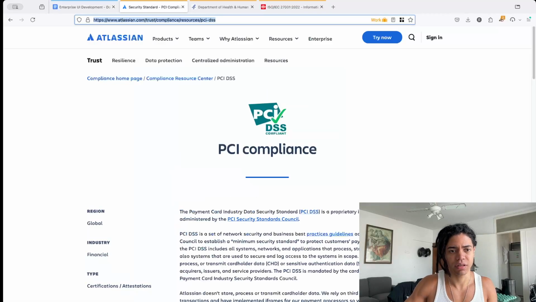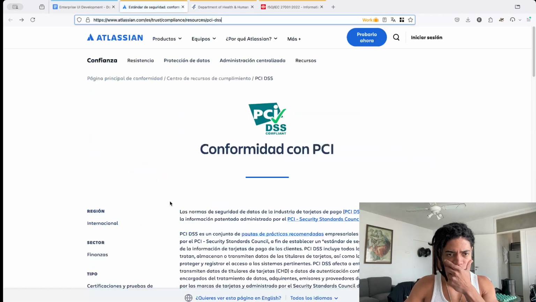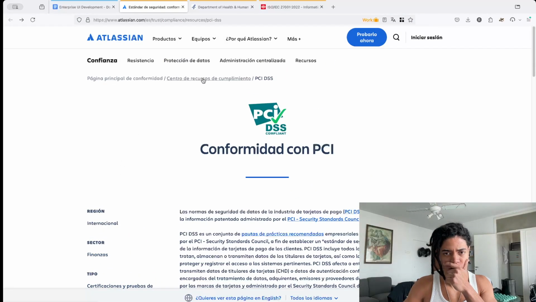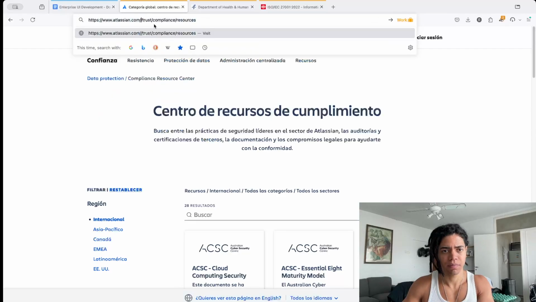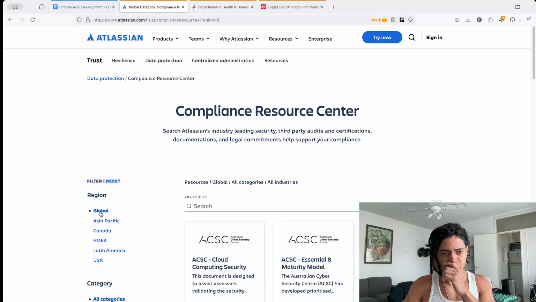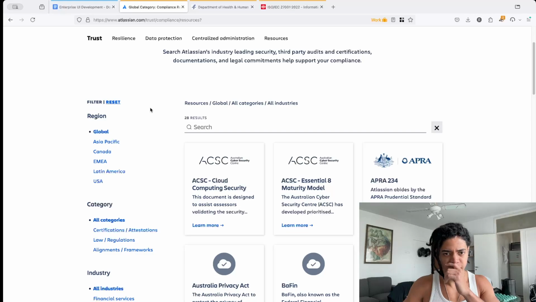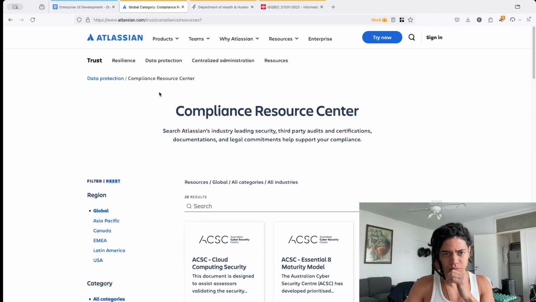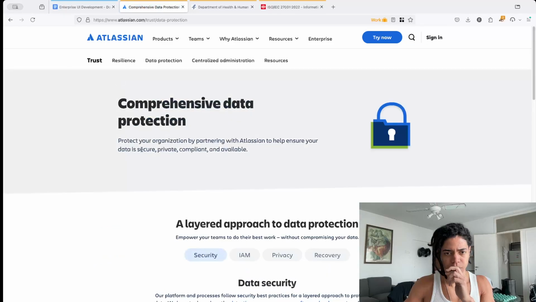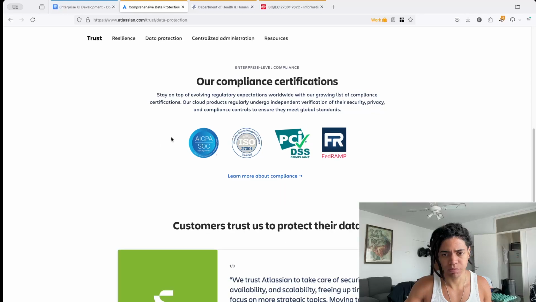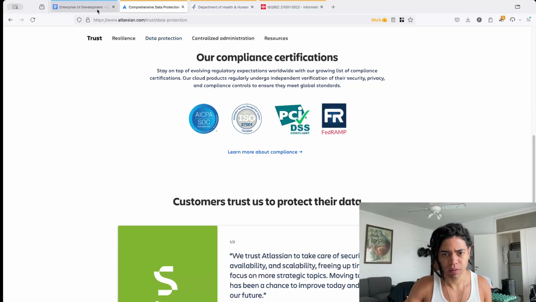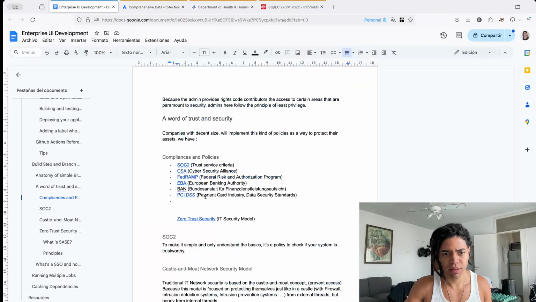The other is the international or global data protection here. Like FedRAMP, and I think this is not the most important, but all of them are quite important.